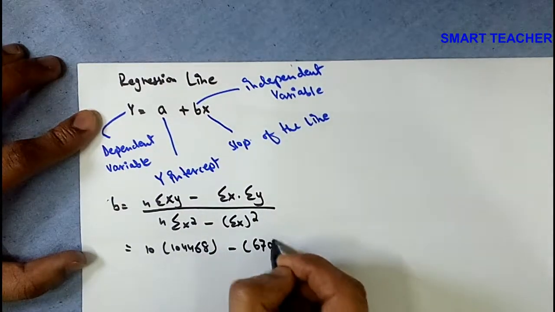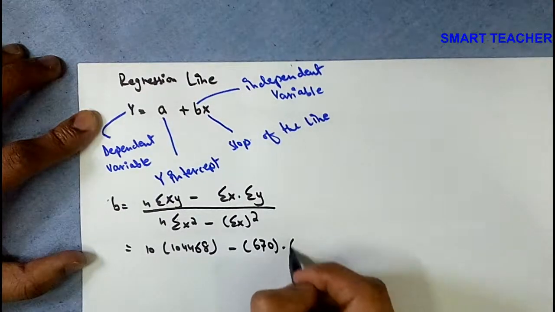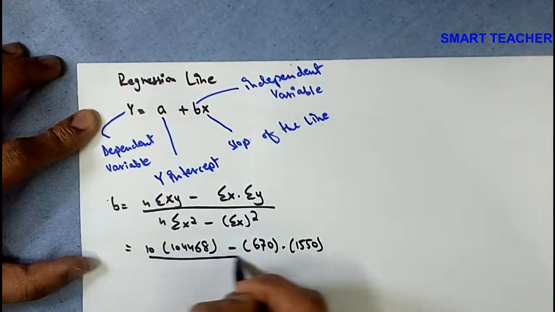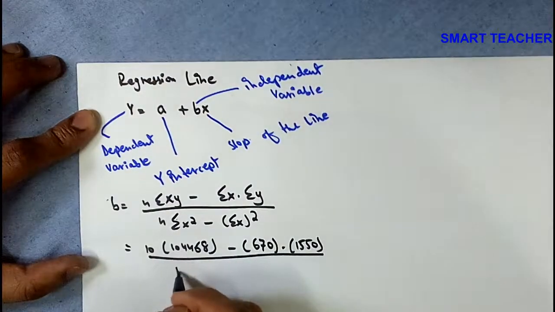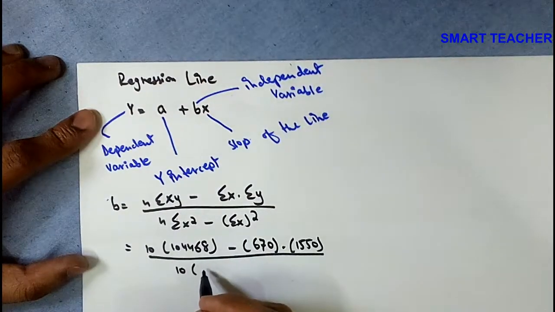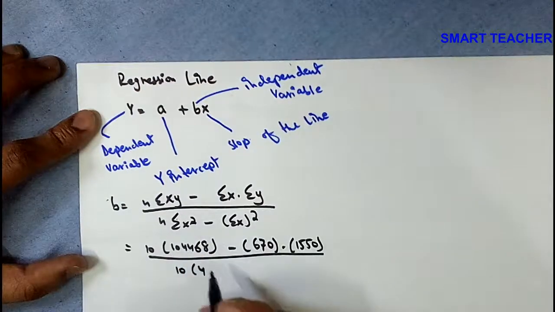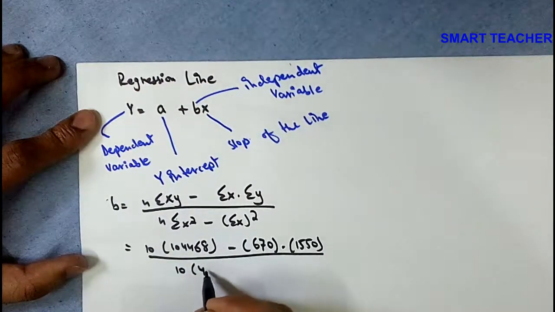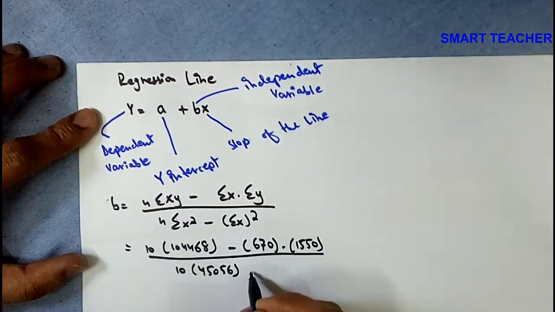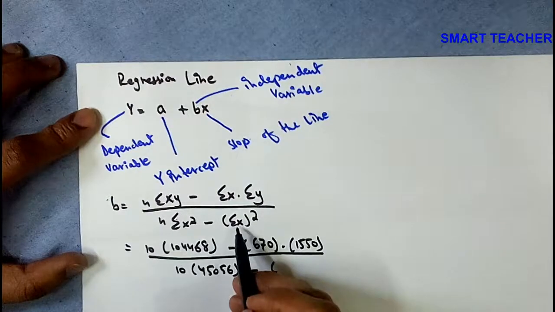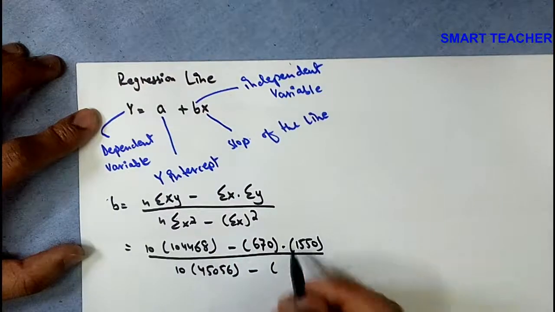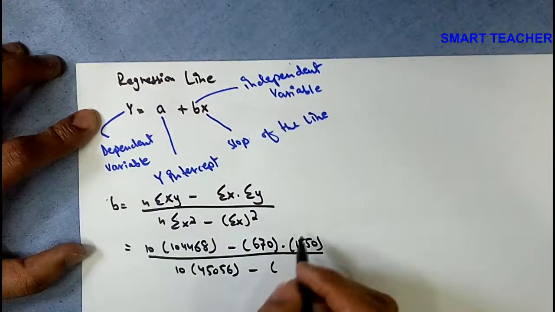Sum of x is 670 multiplied by 1550, divided by n, the total number of observations, times sum of x square. Sum of x square is 45056 minus, it is not x square, it is sum of x whole square. So sum of x over here is 670.